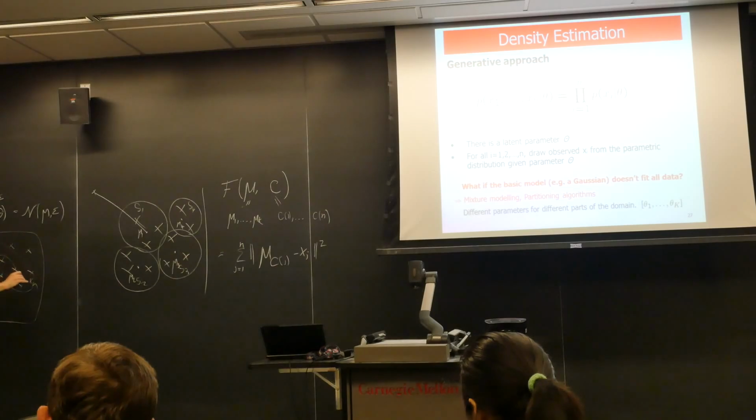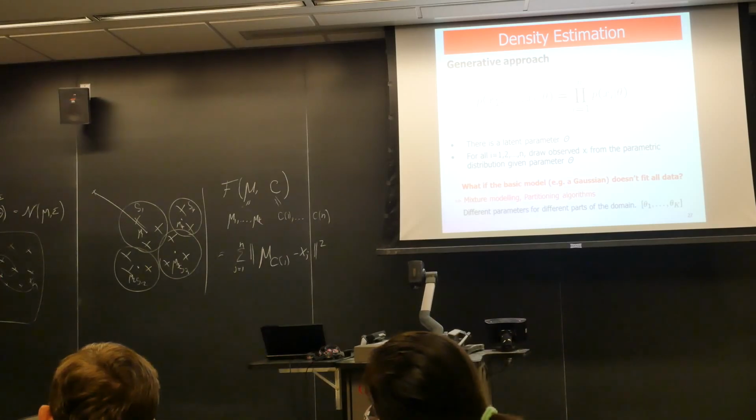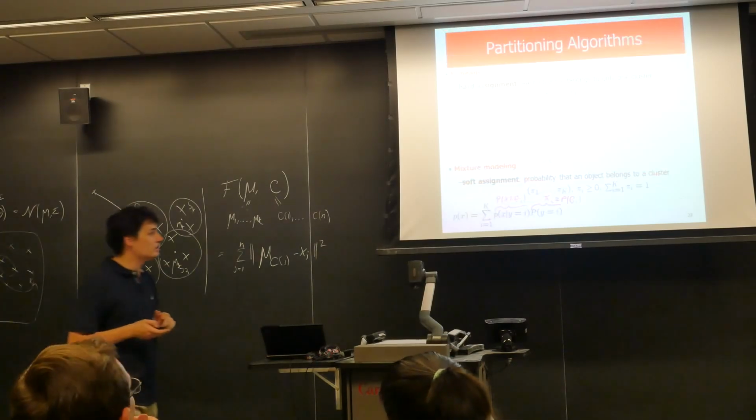If I'm here, I fit another Gaussian to these points. With mixture modeling, with certain probability, each point will not just belong to one Gaussian, but it will be a mixture of many Gaussians, and that will generate the set of points. So we will see formally what I mean by that.